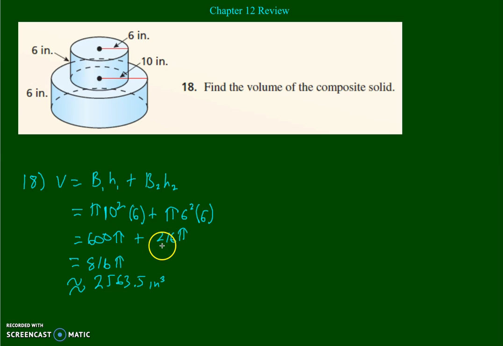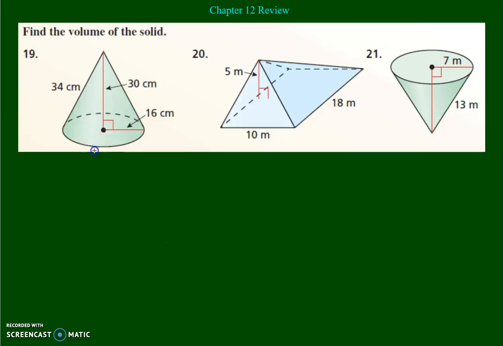Let's see if we can get a little bit more challenging one here in problem 19. In problem 19, we're looking for the volume of a cone. So let's begin. The volume of a cone is 1/3 area of the base times the height.